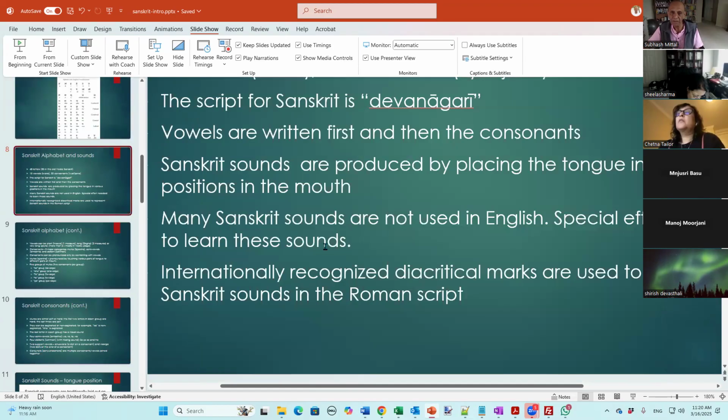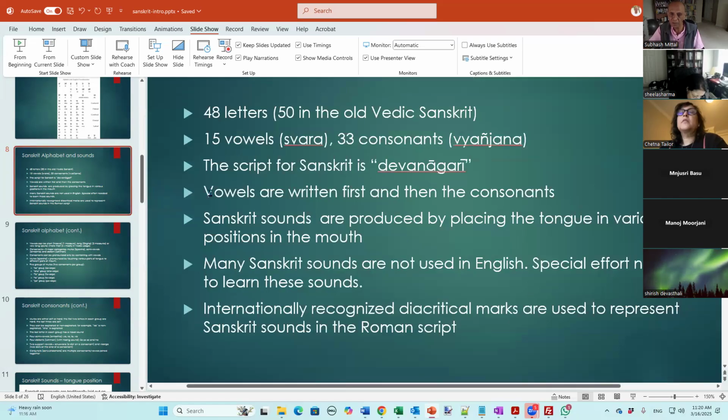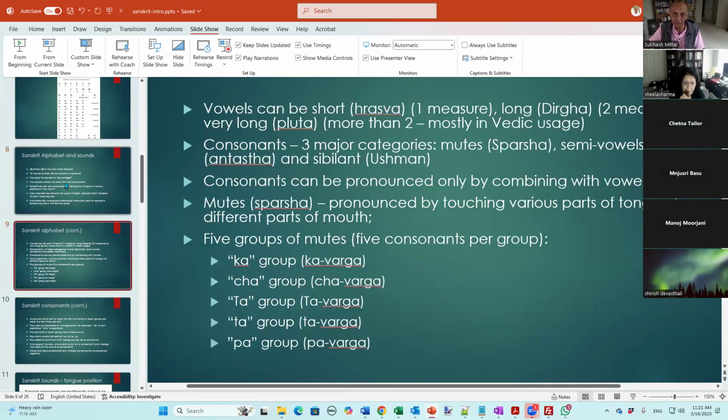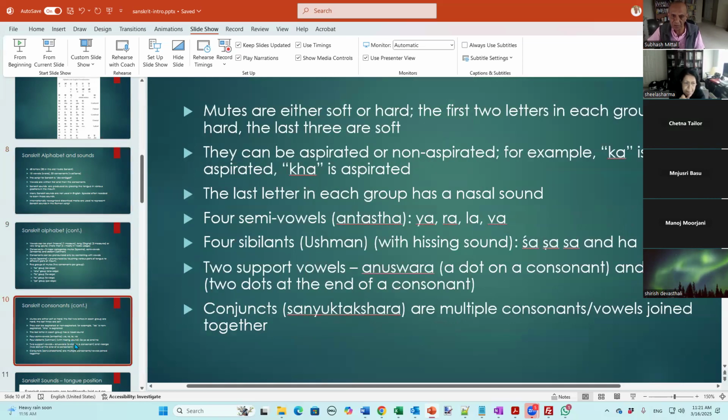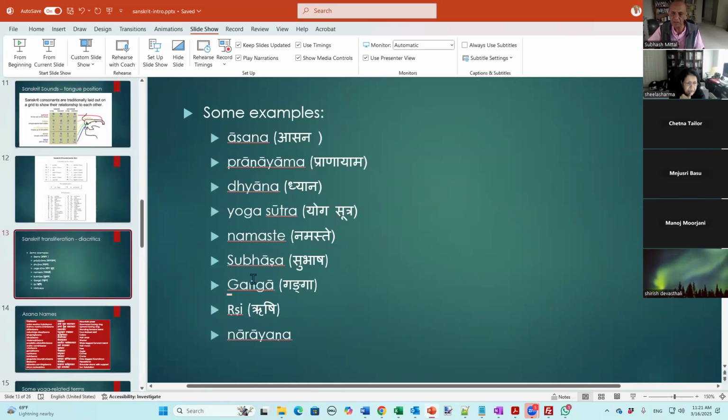And let me make it a little smaller now. So there are internationally recognized diacritical marks that are used to represent Sanskrit sounds. That's very important to learn. An example would be right here.